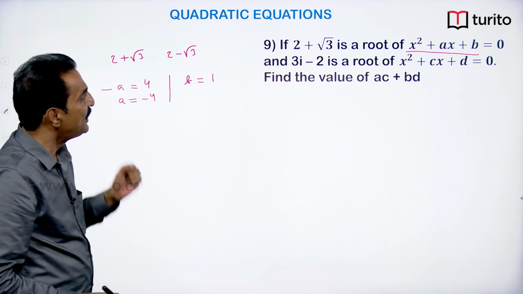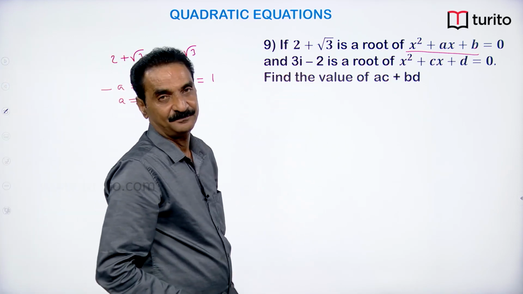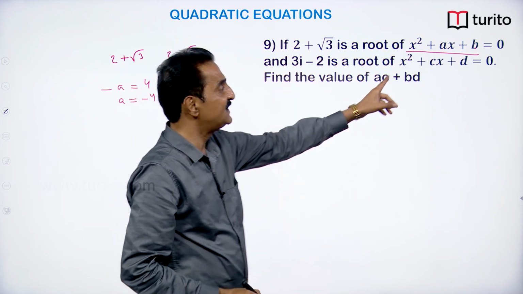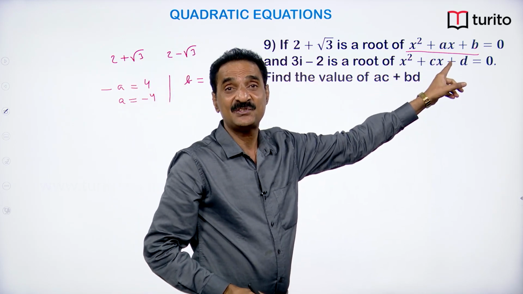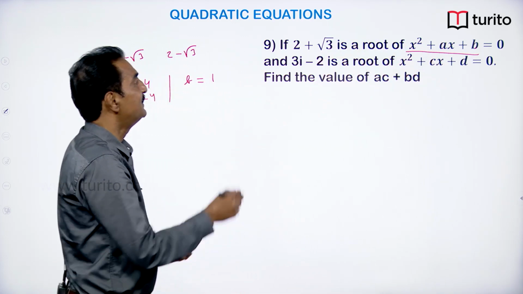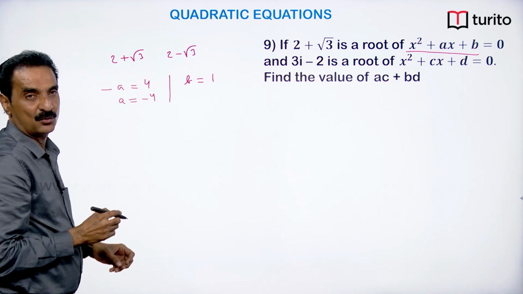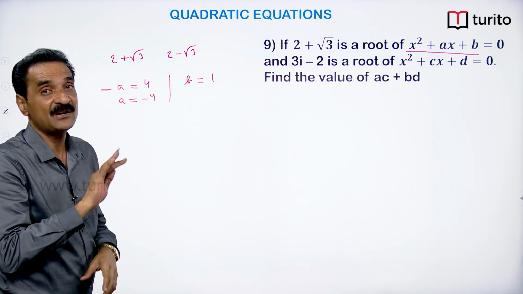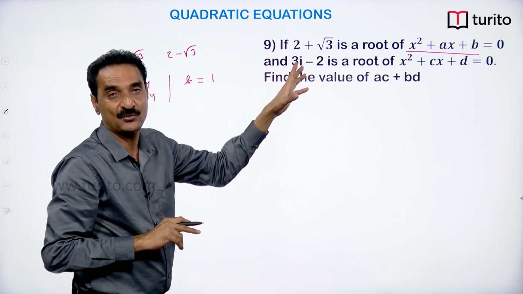Okay. Now, coming to the next, 3i minus 2 is a root of this equation, and it should be given that c and d are real. Then, if 3i minus 2 is a root, the other root is what? Its conjugate complex number. Conjugate complex number is not 3i plus 2.